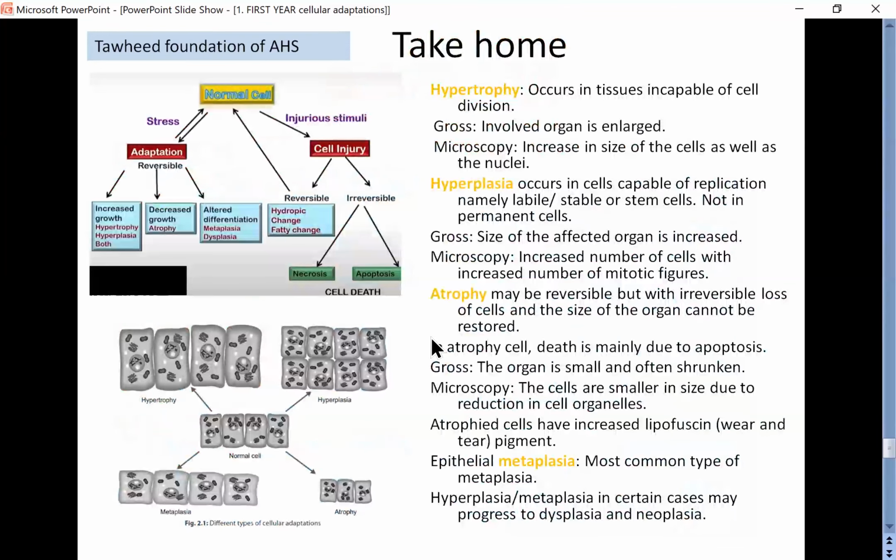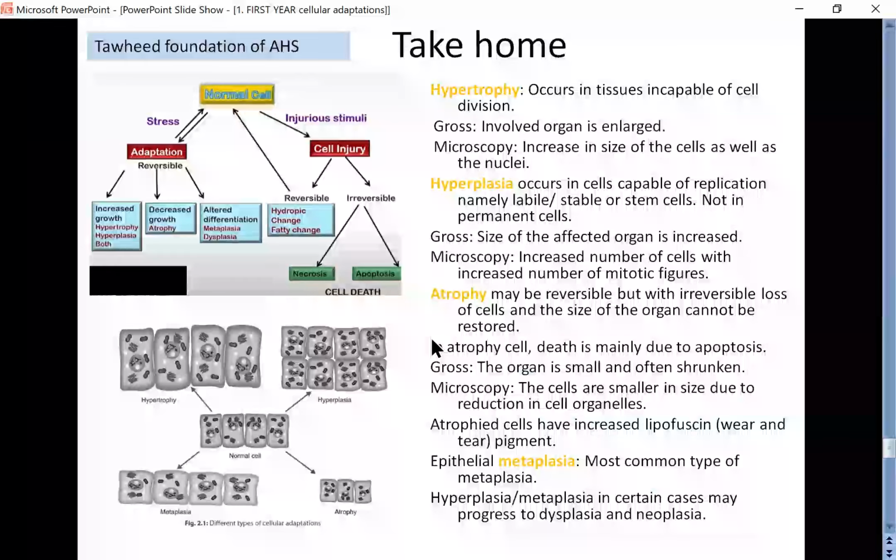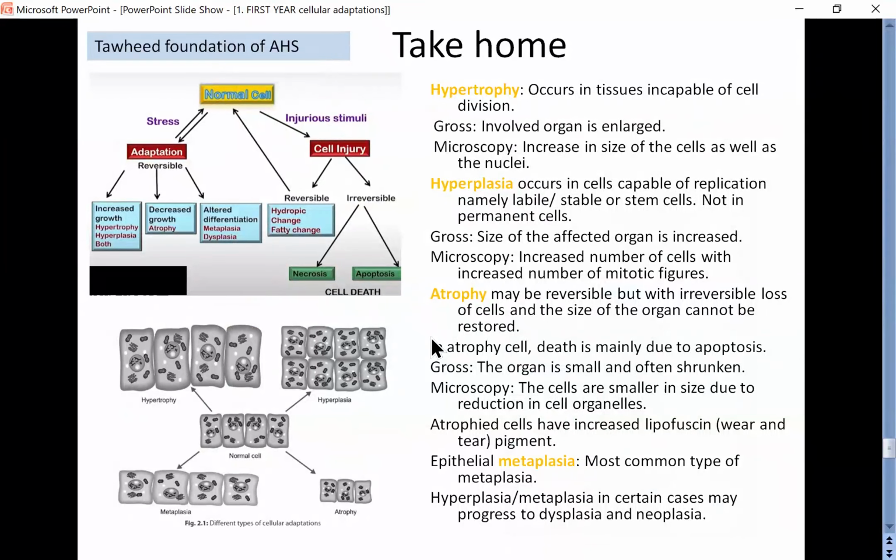So, take-home messages. Hypertrophy is the increase in size, which usually occurs in tissues incapable of cell division. Whenever you write the morphology, you have to write about the gross as well as the microscopy. In gross, you write whatever you see with the naked eye, so at the organ level, the organ will be enlarged.